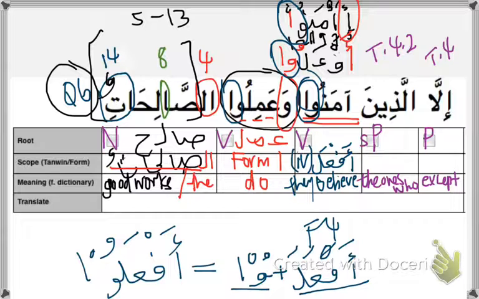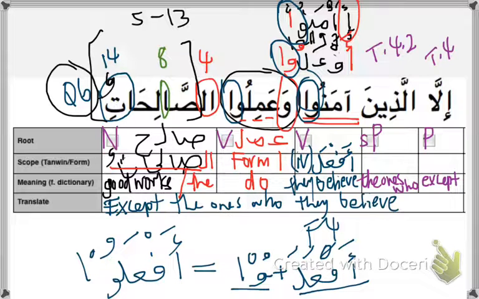So when you translate everything, let's do it: except the ones who, then you have they believe and they do good deeds.